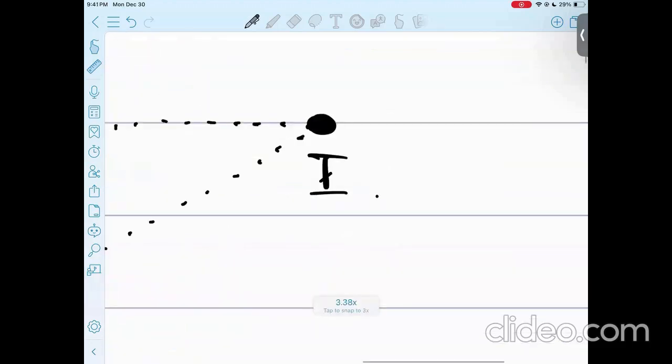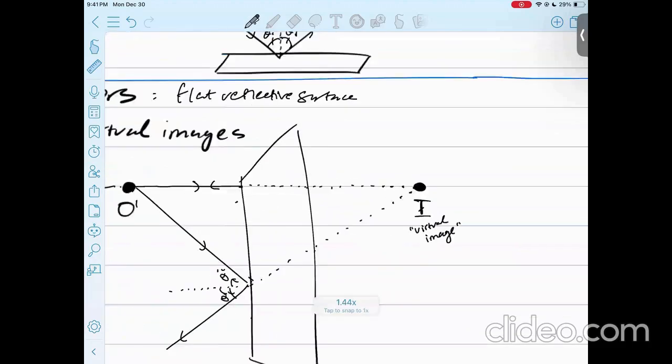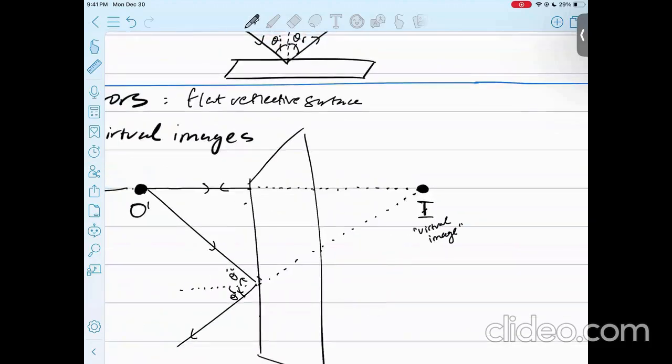So this is what's called a virtual image. If you try to project a virtual image onto a screen, it would not work. A piece of film, a sheet of paper, it wouldn't work because it's not actually there. The light rays are not converging there. It just looks to our eye as if light rays are emanating from that point geometrically.